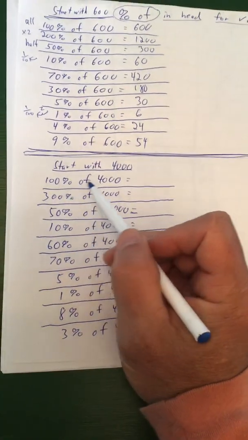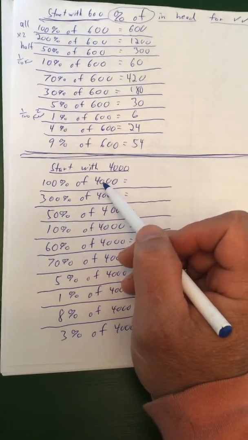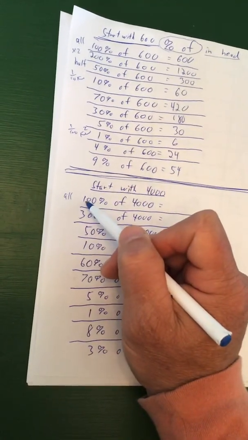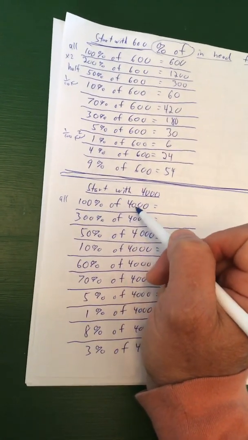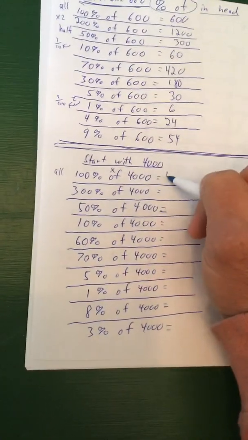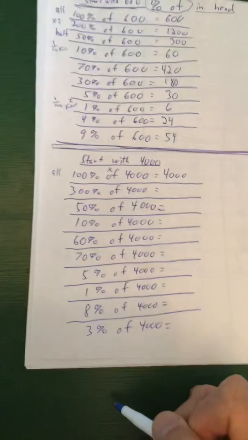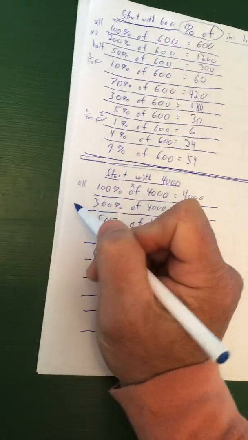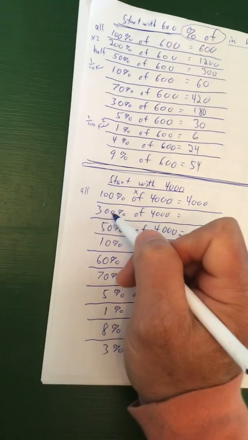What's 100% of 4,000? 100% means all, because it's 1 times, and "of" means times. So 1 times 4,000 is 4,000. Or what's all of 4,000? It's 4,000. Now 300% means 3 times, because you move it over 2.